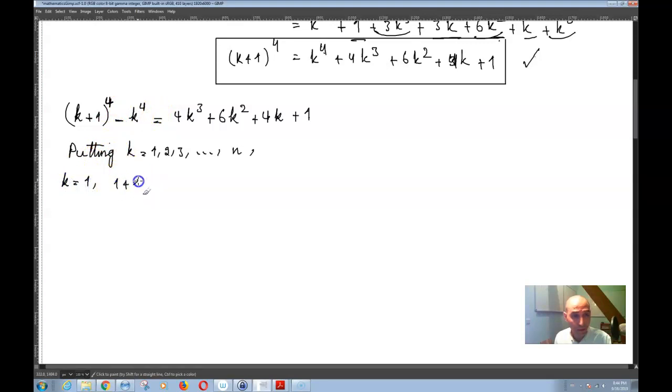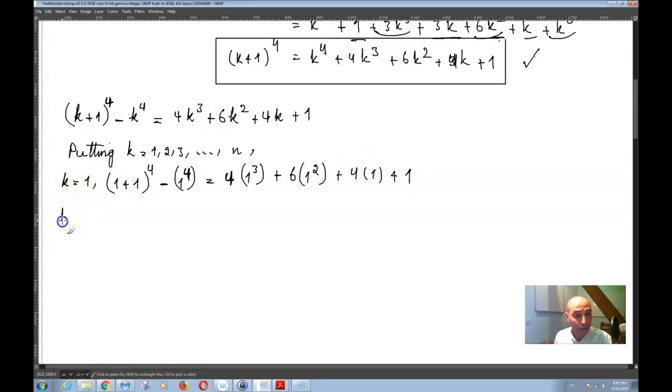I will get 1 plus 1 raised to the power 4 minus 1 raised to the power 4 is equal to 4 times 1 raised to the power 3 plus 6 times 1 raised to the power 2 plus 4 times 1 plus 1.